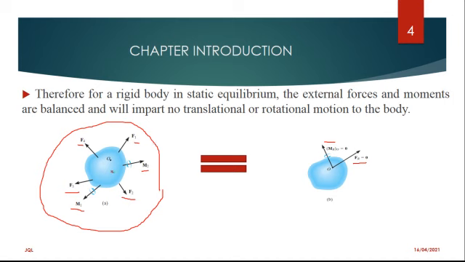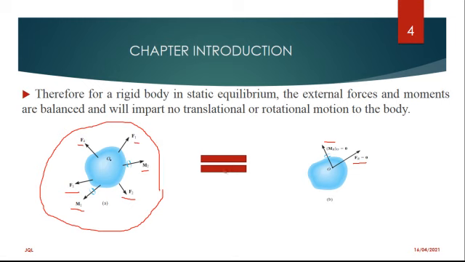Since this body is in equilibrium, the forces that have been exerted on this body, F1 up to F4, are not making this body rotate or translate. The body is in equilibrium.